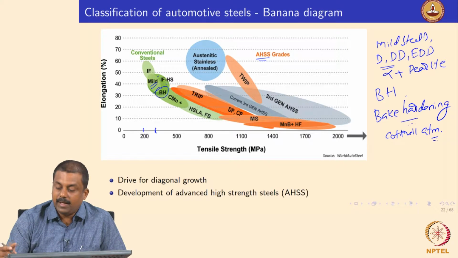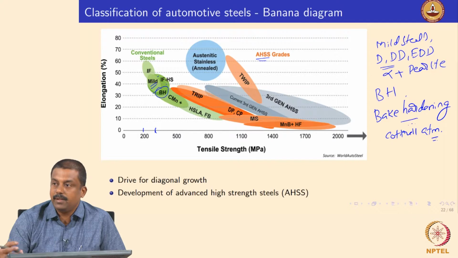So you have interstitial carbon to begin with, and you make a component out of it, and after you form the component, you apply paint and then the component is sent for the paint baking cycle, and during this cycle the carbon atoms migrate to the dislocation front, and once the carbon atoms decorate the dislocation front, subsequent deformation becomes difficult because the deformation is driven by the mobility of dislocations. Then the material gains some strength because you are providing a new barrier for dislocation motion.